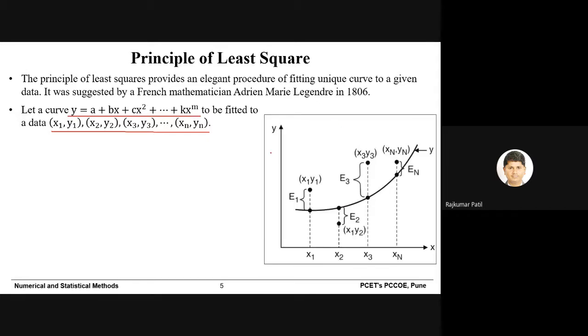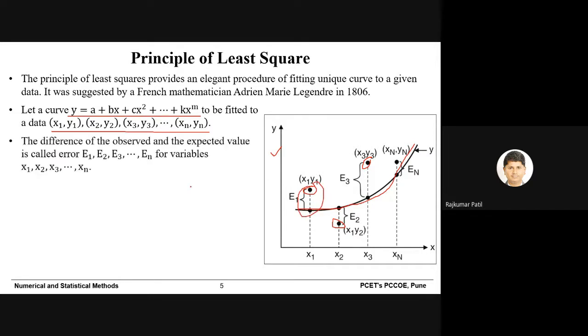We discussed how we plot the points on graph paper, and for the given data points we draw a curve y such that the error between the curve and the points is as minimum as possible. Whatever deviation there is between the actual point and the point we get by using that equation, that difference is called the error. So the ultimate objective is to minimize this error.